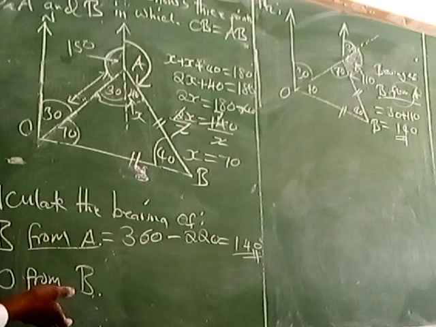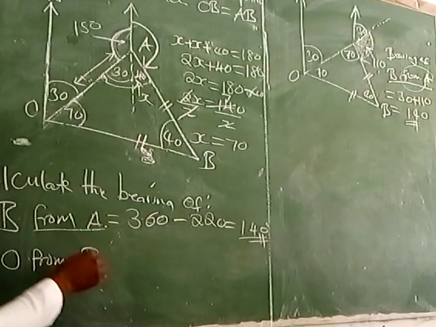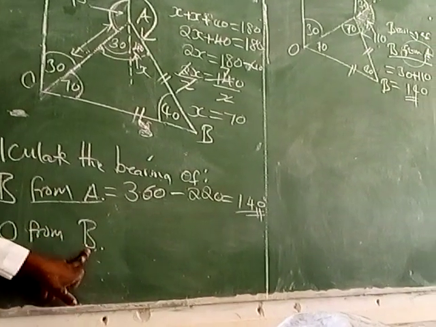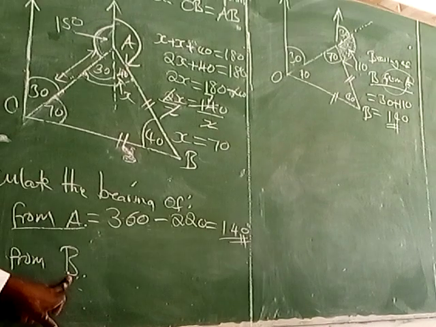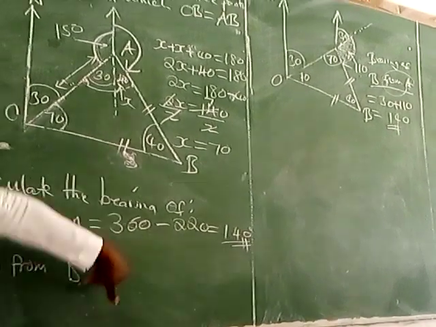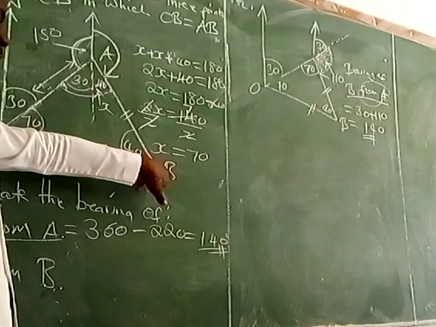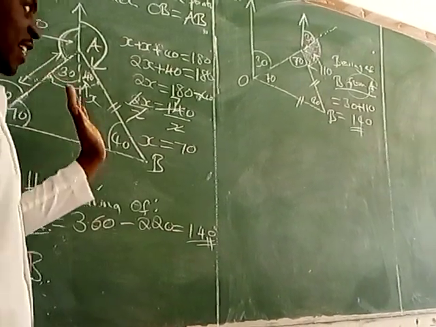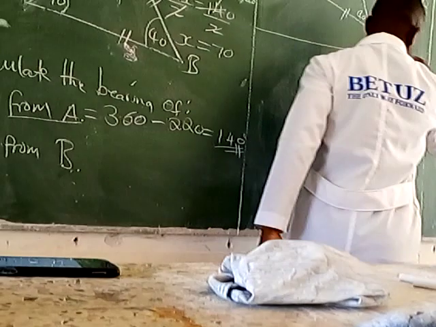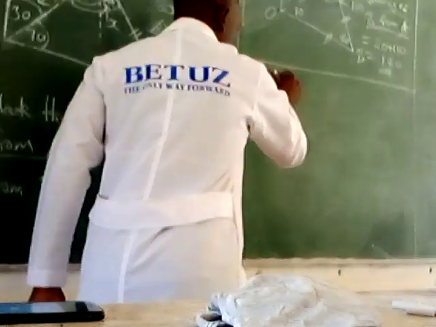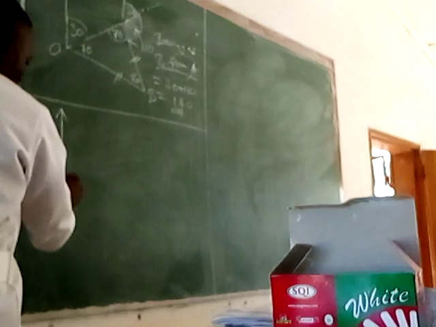Okay? O from B. So it is at B we're going to plant our compass, our north arrow. So where is B? B is right here. So we're going to plant our compass right at B. I don't want to erase anything today. I want to be as smart as possible, so that you are able to copy.